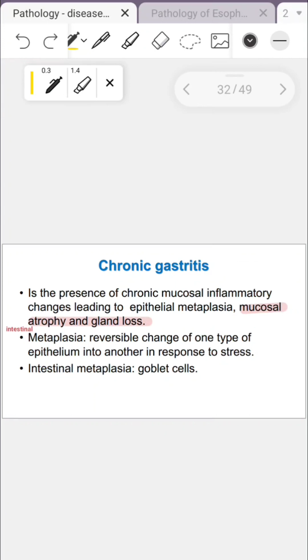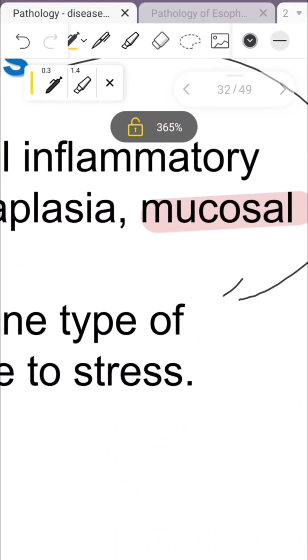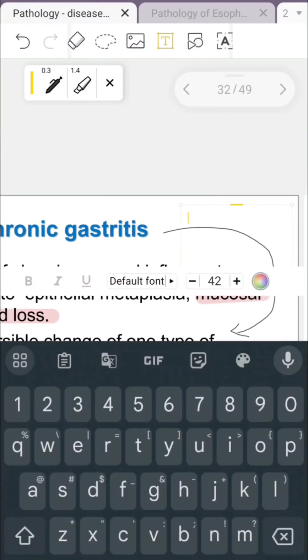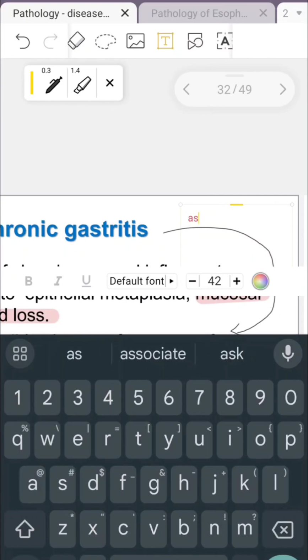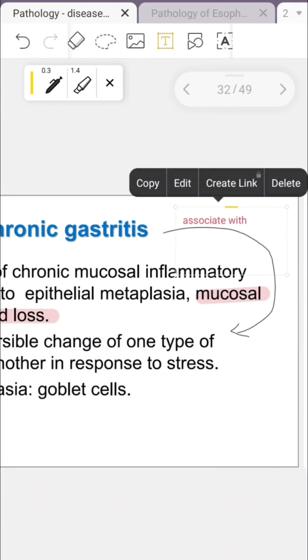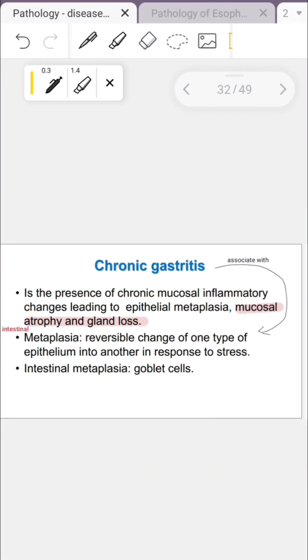But here, when there is a chronic inflammation, the epithelium will be transformed to a type of intestinal epithelium with goblet cell metaplasia that is more resistant or can live within an inflammatory surrounding. فهمتوا؟ واضح؟ Even though the metaplasia is reversible.